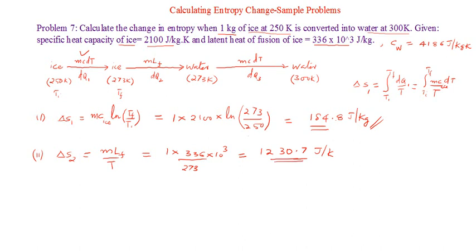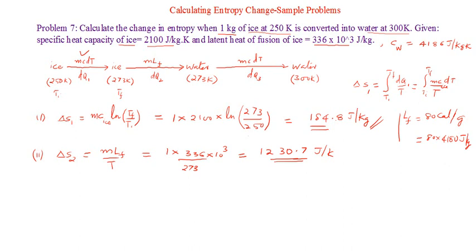One thing let me tell you: the latent heat of fusion of ice is given to be 336 into 10 raised to 3. How come? You remember that we had memorized Lf as some 80 calories per gram, but since we are using SI units here, it has been converted. 1 calorie is equal to 4.186 joules, but it is per kilogram, so 80 into 4186 joule per kilogram.